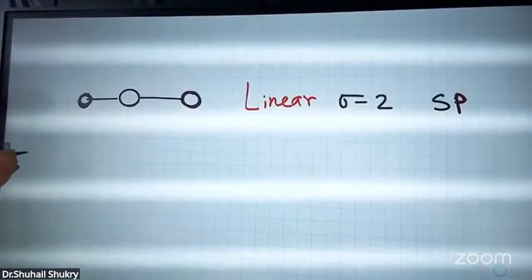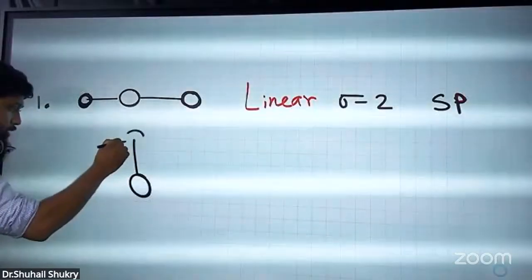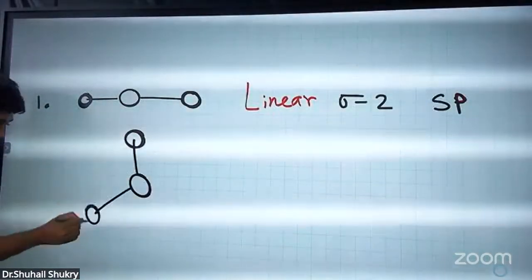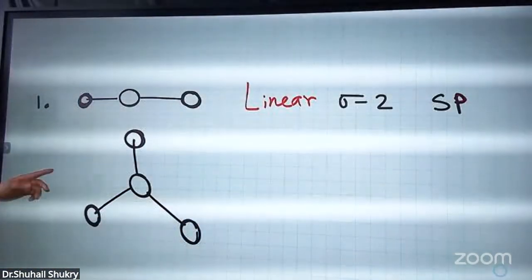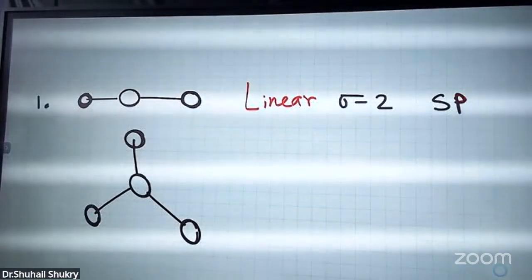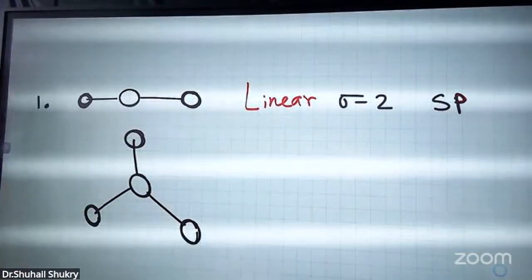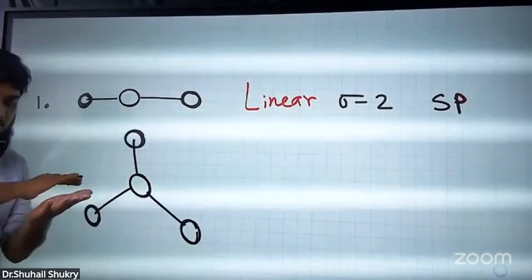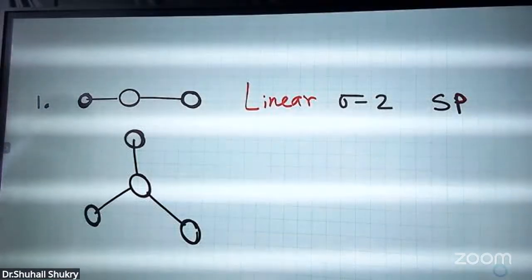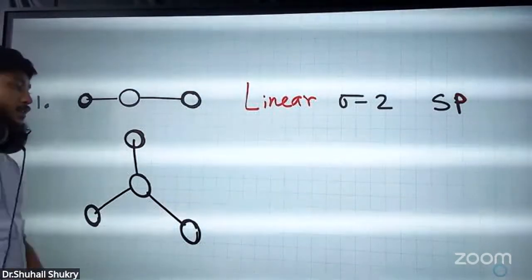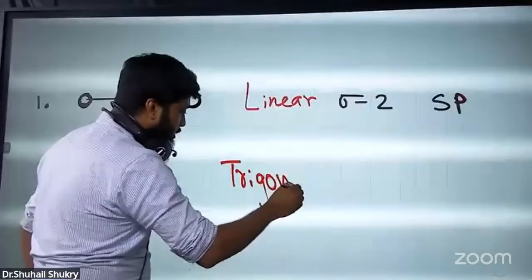Second shape: there is a central atom, and around the central atom I am fixing 3 atoms like this. I'm not giving examples now. If I fix 3 things, just join and see. It looks like a triangle, but in one plane, in one surface. Therefore they gave the name trigonal.